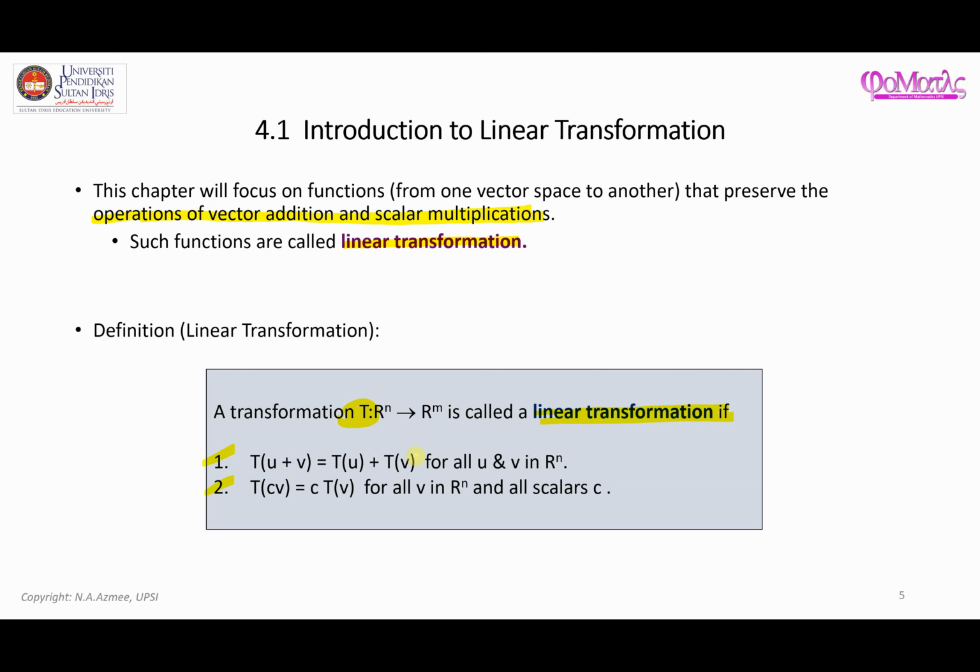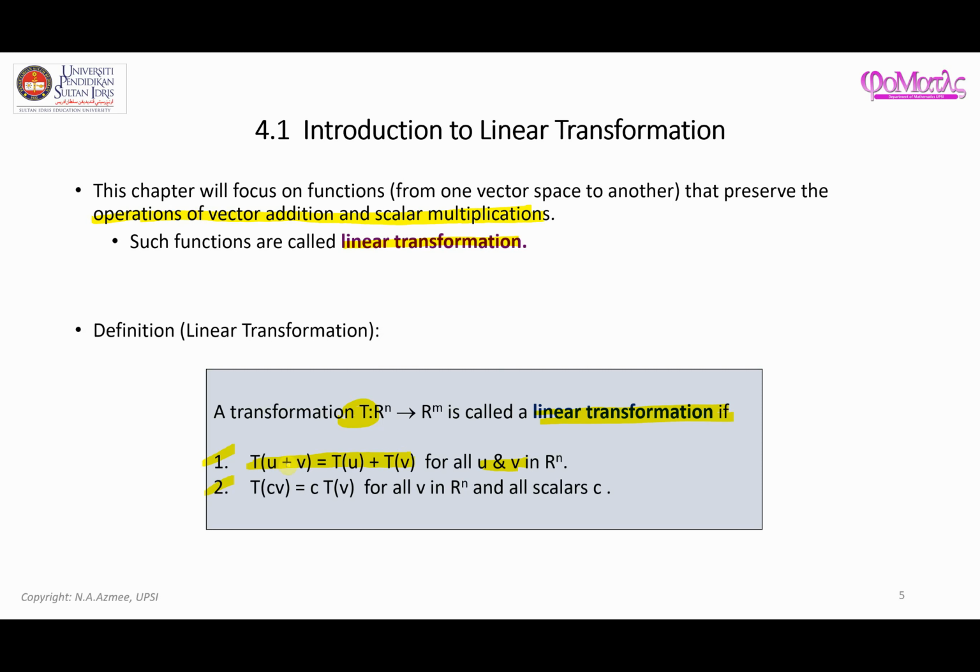So here is the first one, where it says if you have two vectors u and v, these two vectors are in that particular vector space. So the transformation here, if you supply u plus v into the transformation function, the result is the same as if you decided to do it separately.